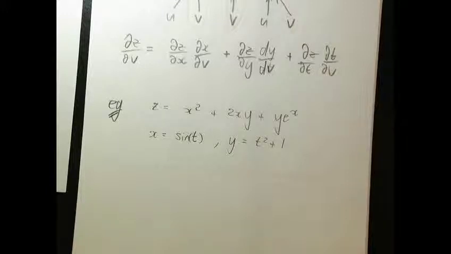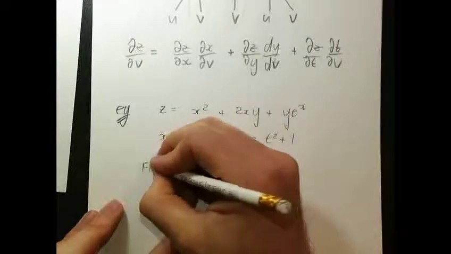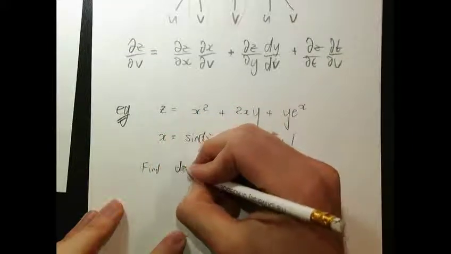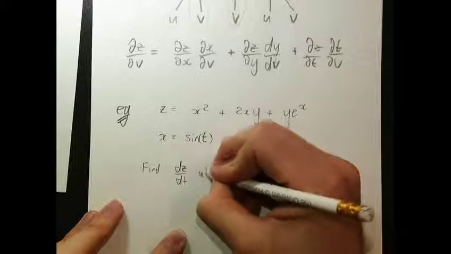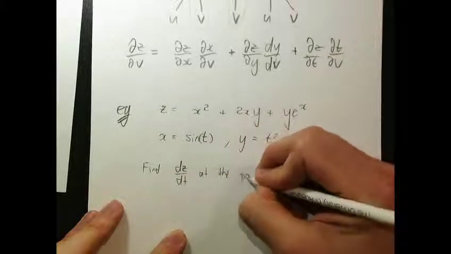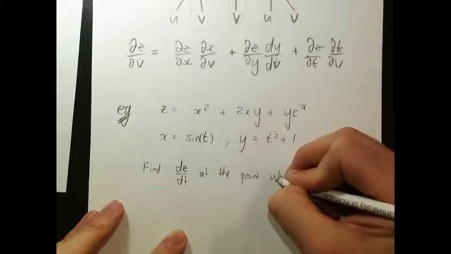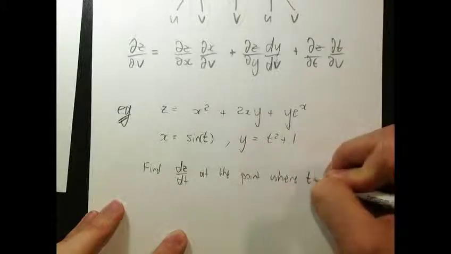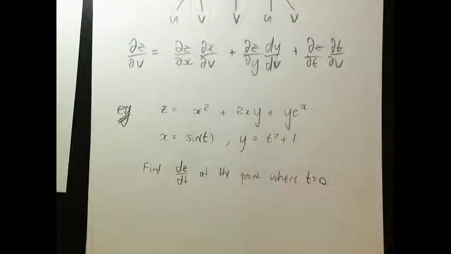And suppose I'm asked to find dz on dt at the point where t is 0. Chose a nice easy point.